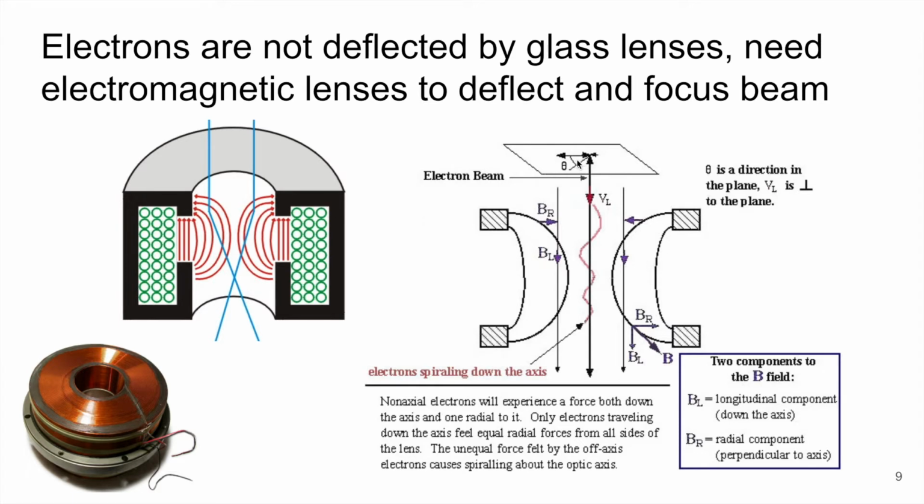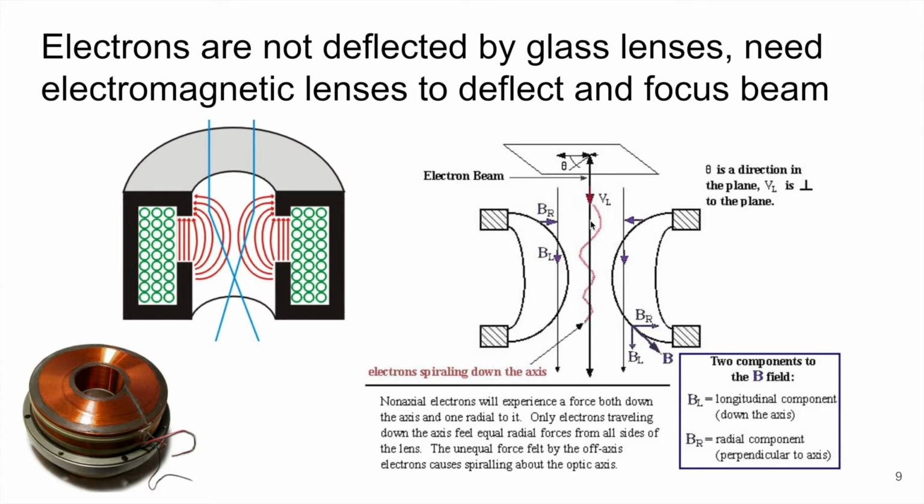One thing about the electron beam itself, so this schematic here shows the electron beam coming down from the electron gun, which is usually at the top, through the lens. And one thing you'll notice here is that this electron beam doesn't move in a linear fashion. It actually moves in a spiral down the axis.